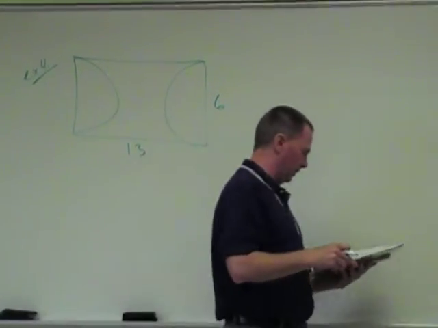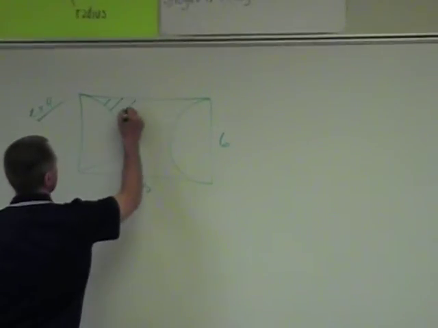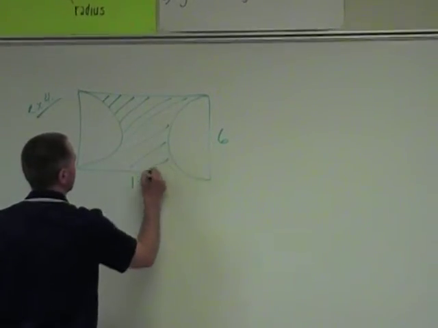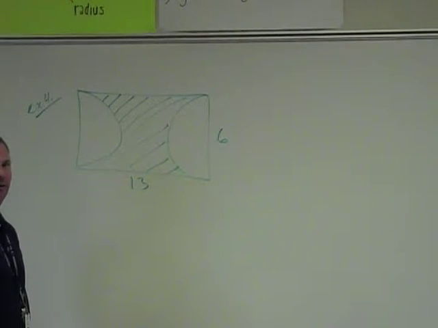I want the perimeter, it's checkers. Listen to me. I want the perimeter of the shaded region. You have to take the perimeter of the whole thing and then subtract it from the middle thing.